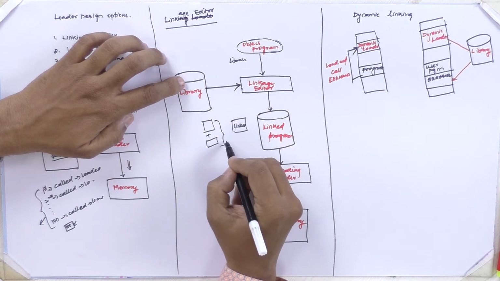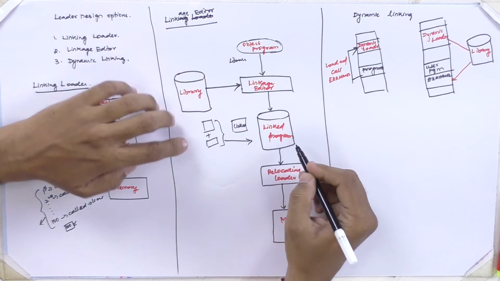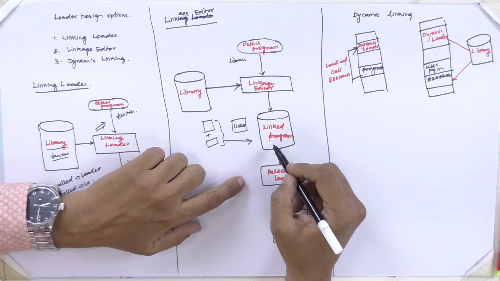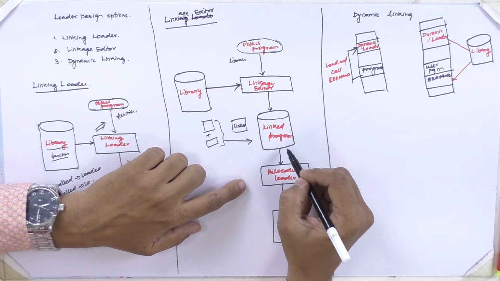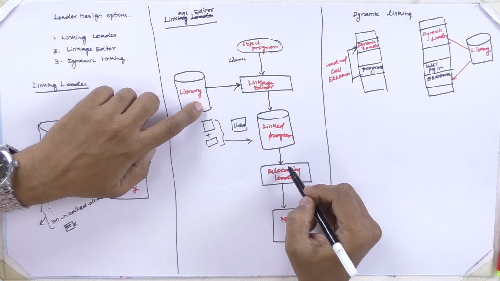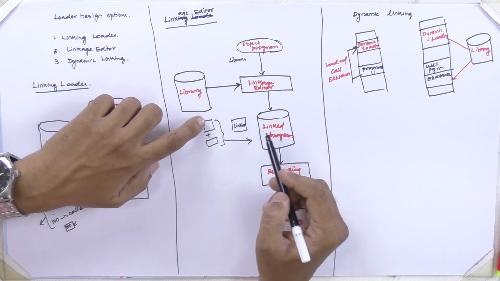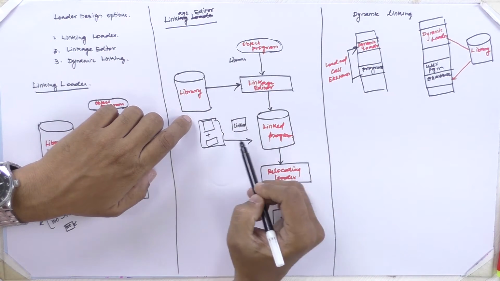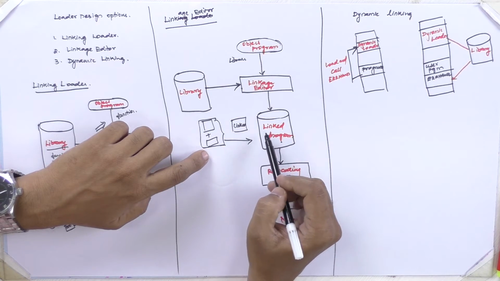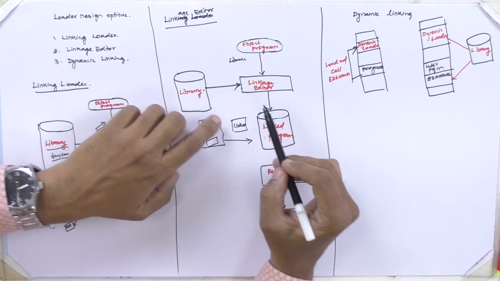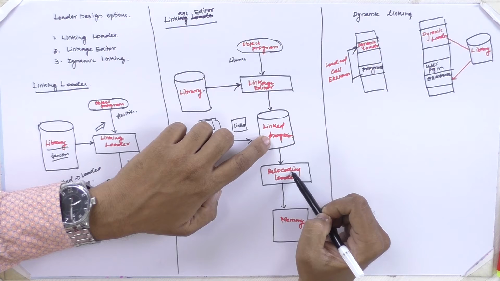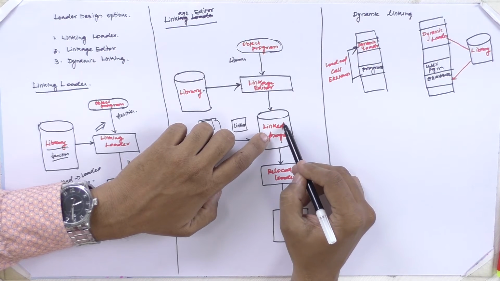These two together are called a linked program. Whenever the same program is going to run again and again, I will not go to the library, because my library function is already present in this linked program. The linked program will contain my program plus library. Whenever my loader requests, the loader will call this program again and again.